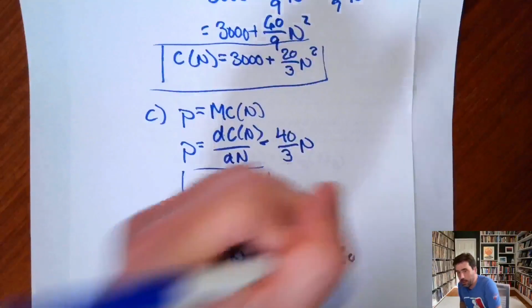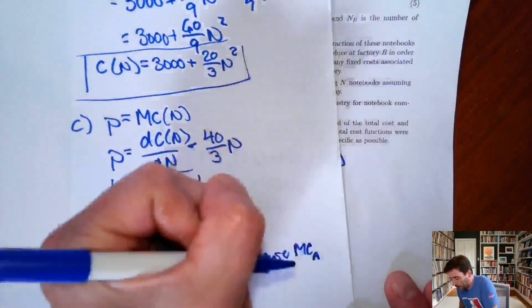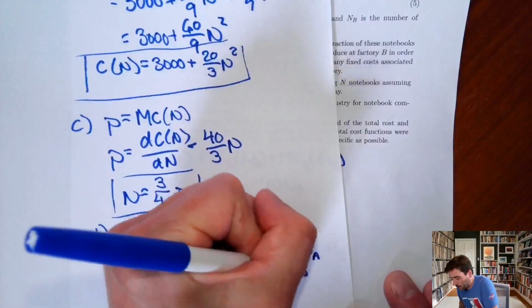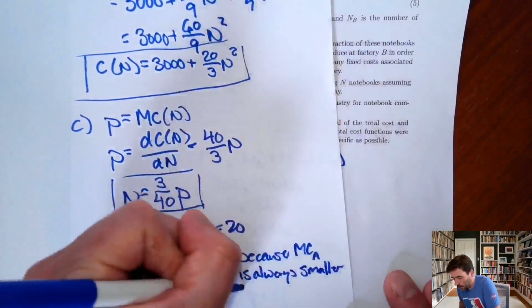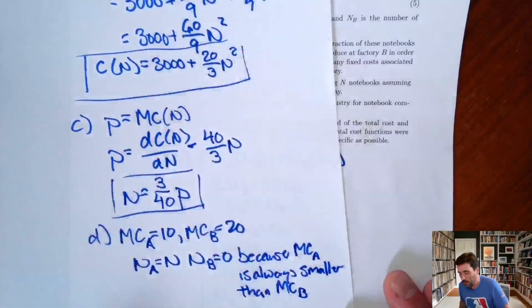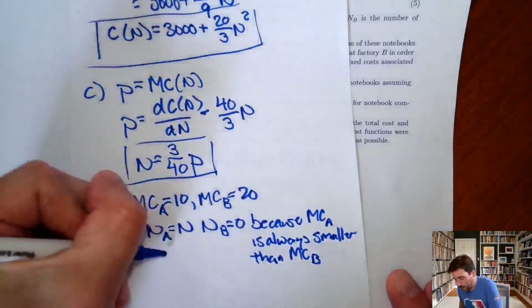And we're going to explain why. We're just going to say because MCA is always smaller than MCB. Okay. So we're going to produce everything at factory A, right?